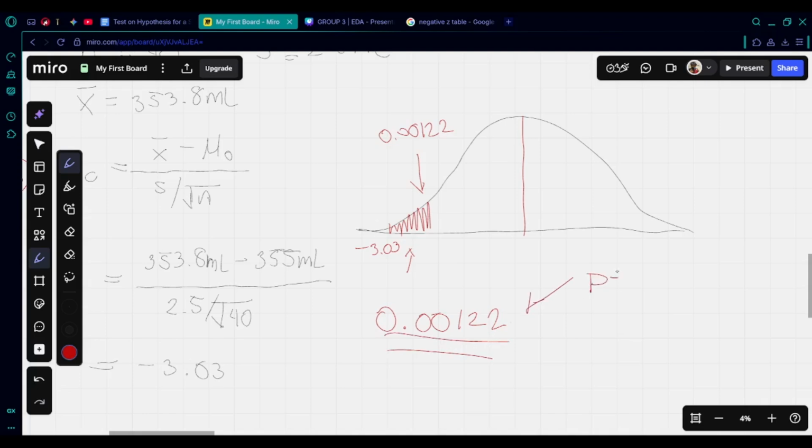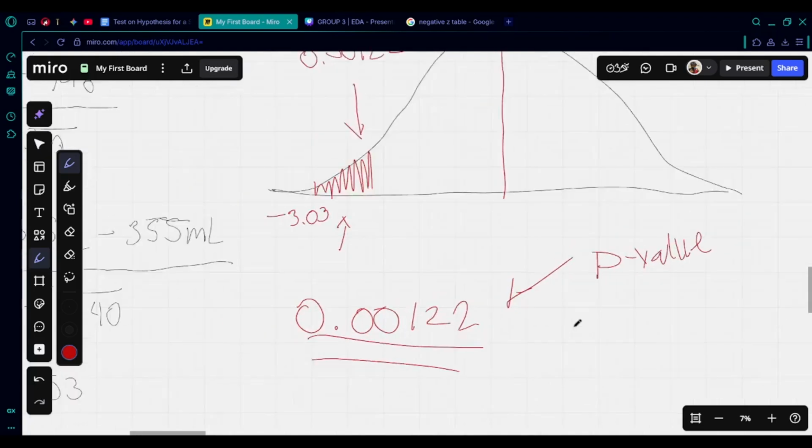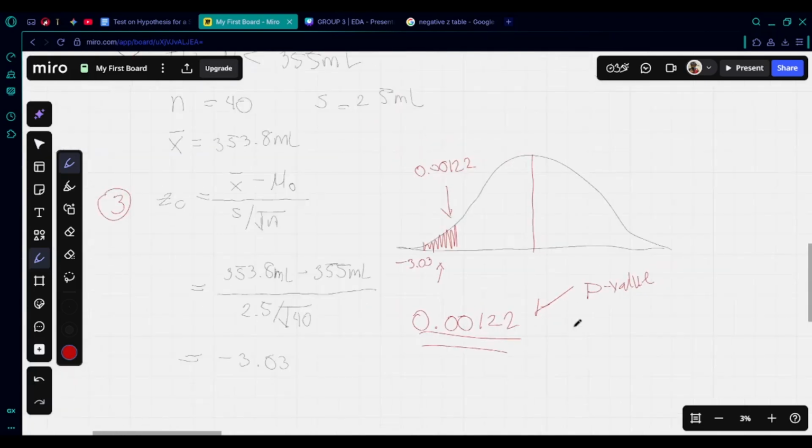So, tapos na tayo sa pag-compute ng p-value.